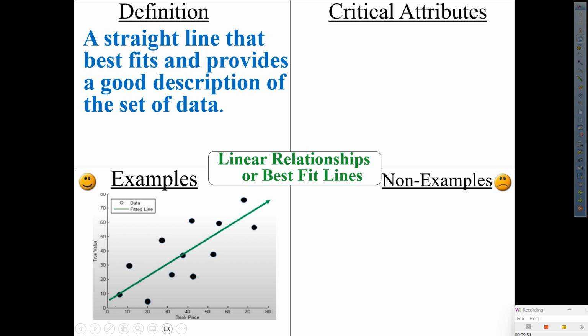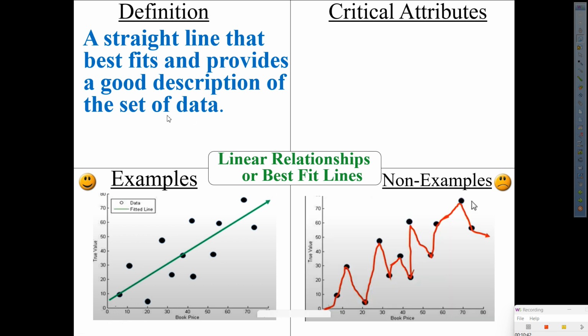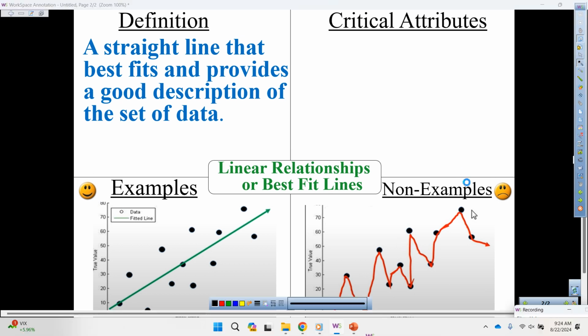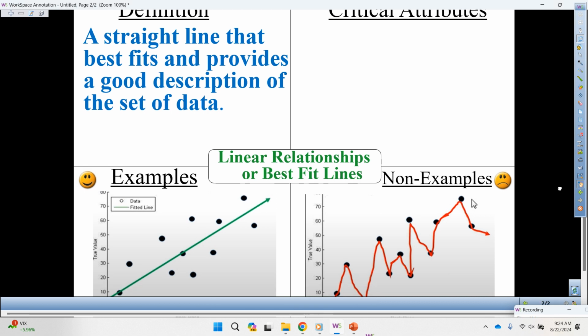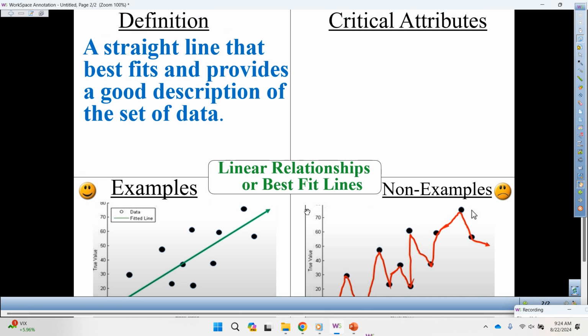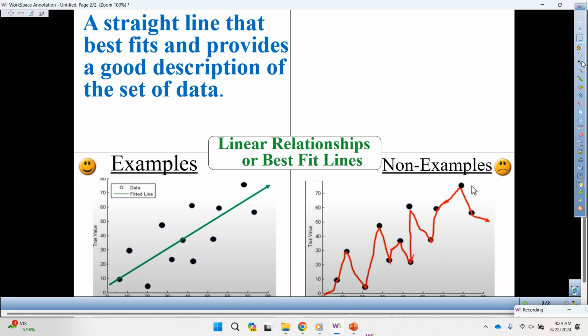Why is that one not a best fit line? Jay, why is this one not a best fit line? Not a straight line. Obvious? Yes? So let me ask you a question. Critical attributes is basically what makes this what it is. What would you tell someone what a best fit line is? And I'm going to write it as a hashtag.